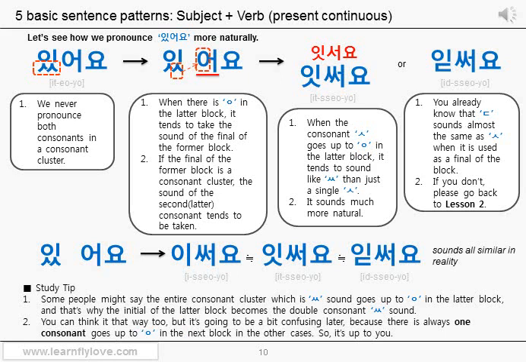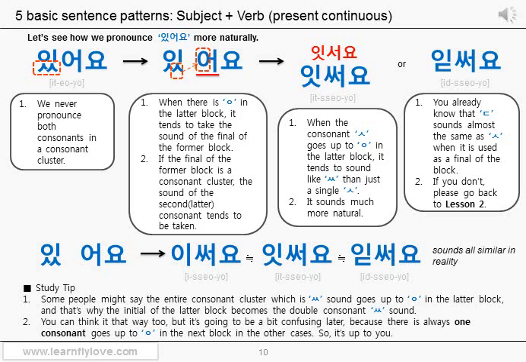The consonant ㅅ, the name of which is 시옷, sounds like romanized alphabet T when it is used as a final. And it sounds like romanized alphabet S when it is used as an initial. You know that. So let's move the second 시옷, ㅅ consonant in the final of the former block to the initial of the next block. So it becomes 있어요, right?